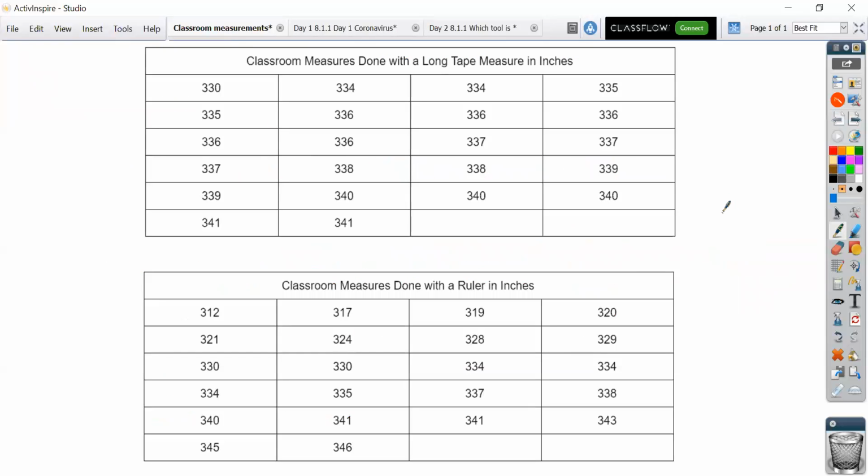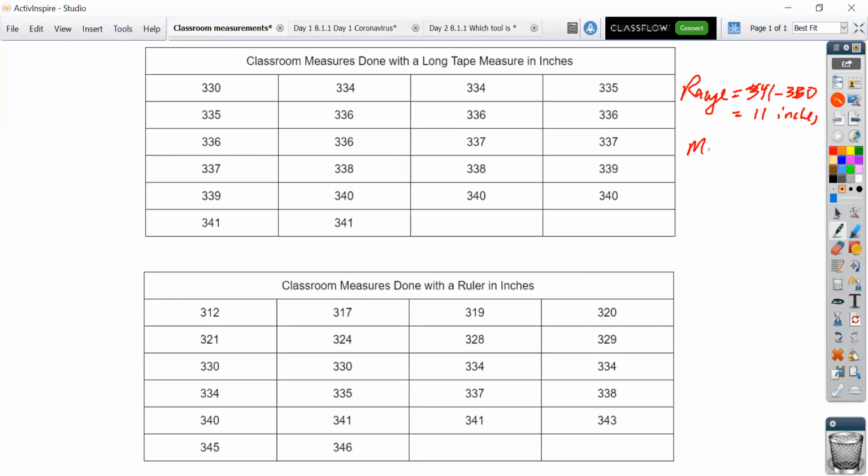So they want us to find the range and the median and the quartiles. So the range is when you take the biggest number minus the smallest number. So if I take 341 minus 330, the range is going to be 11 inches.